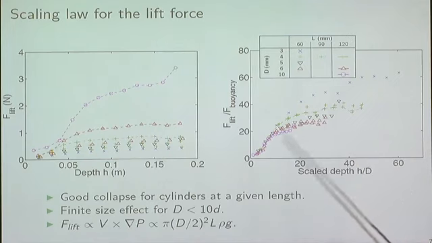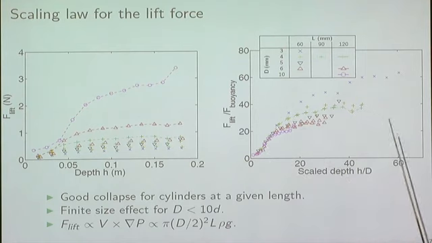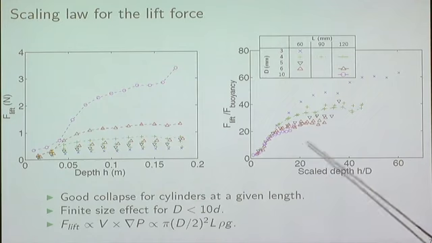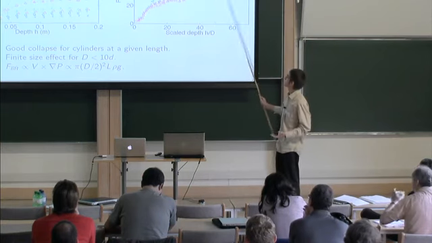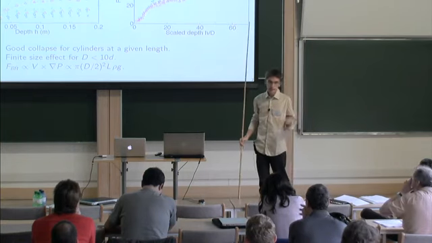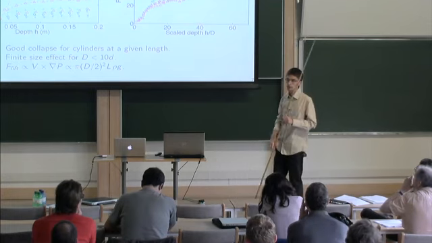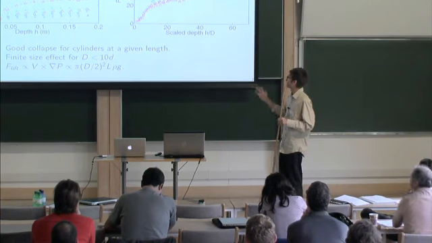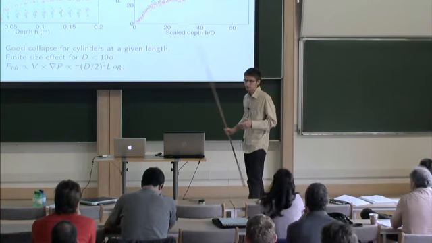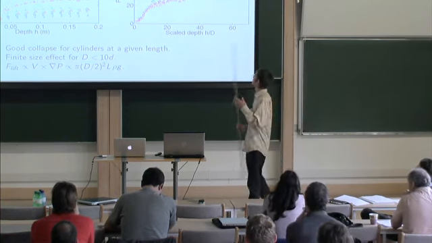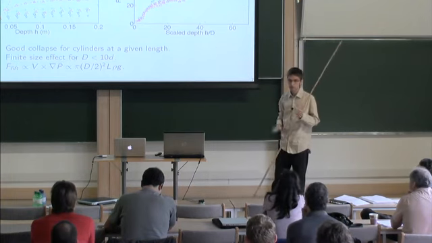And that's what we see here. If we rescale the lift by the buoyancy, we see that we have a good collapse of our curves for various cylinders, as long as the diameter of the cylinder is high enough compared to the grain diameter. If we are below, let's say, about 10 grain diameters, the collapse is not as good.